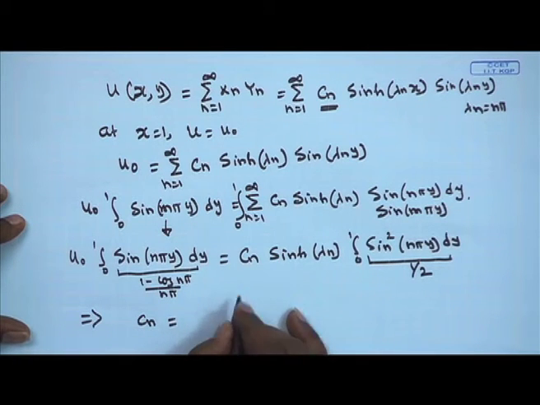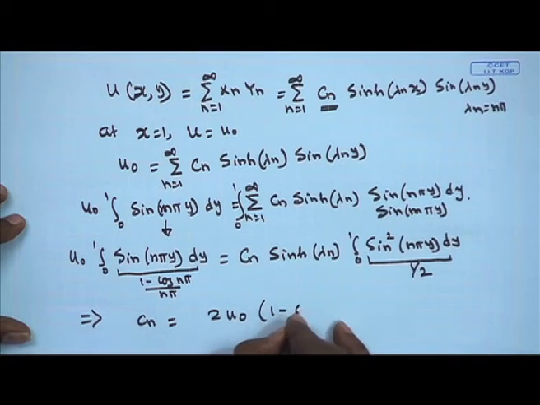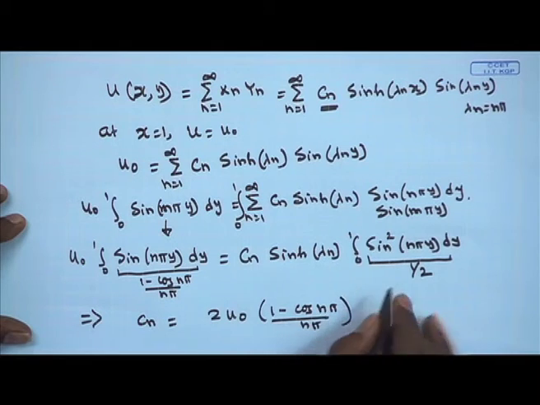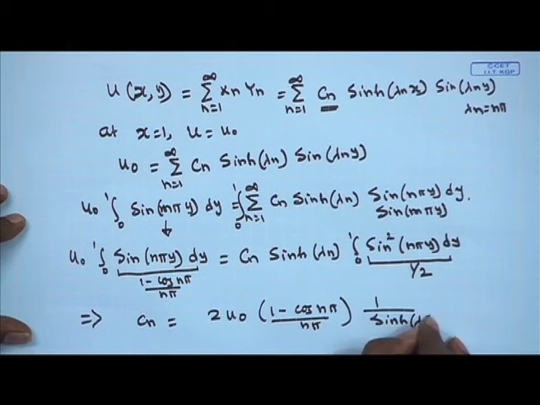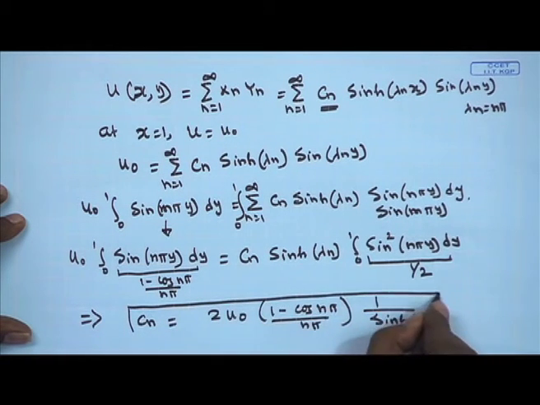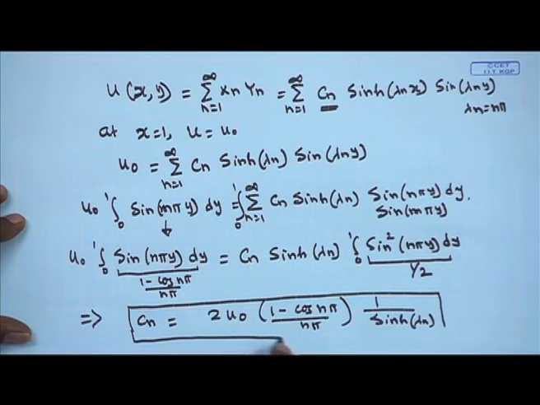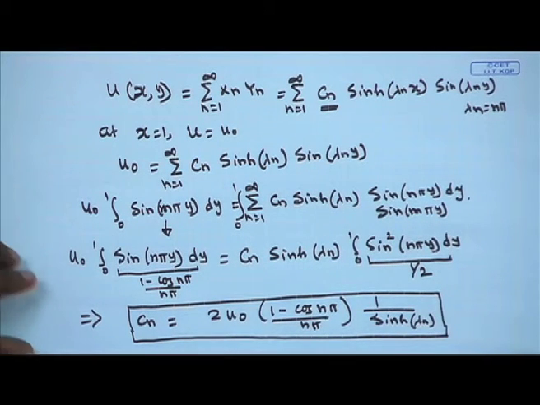I will write directly the expression of Cn: 2 u0 (1 minus cosine n pi) over n pi, divided by sinh lambda n or n pi. So, that gives the complete solution for Cn.